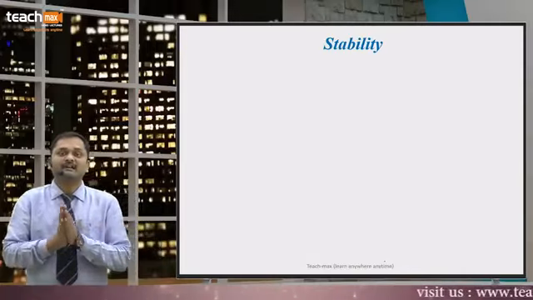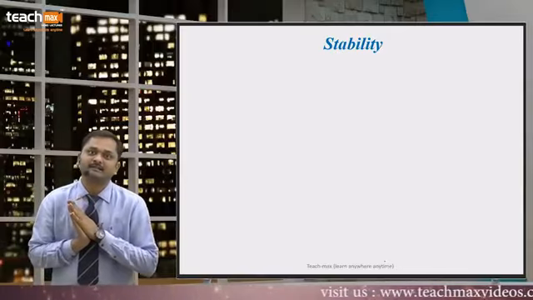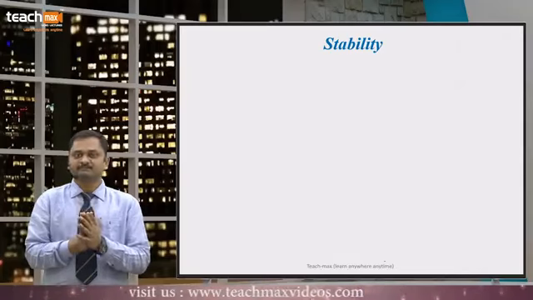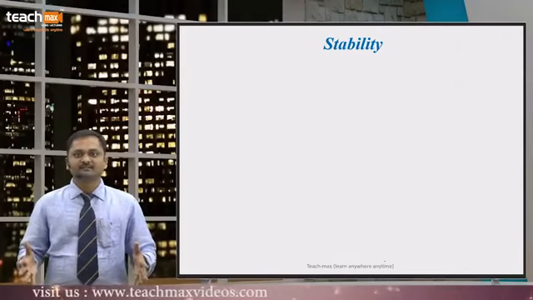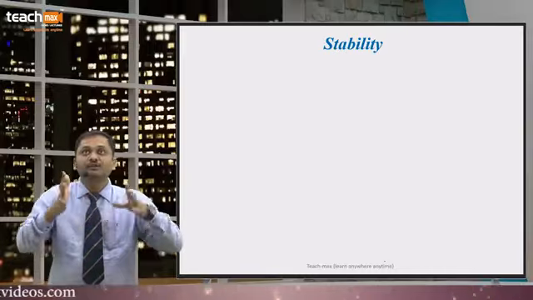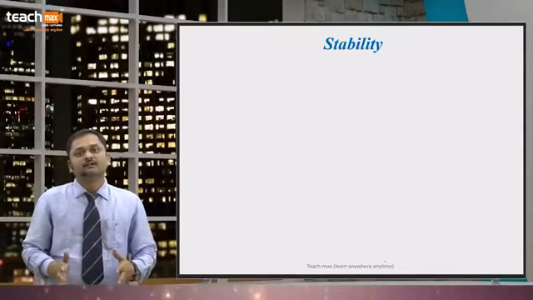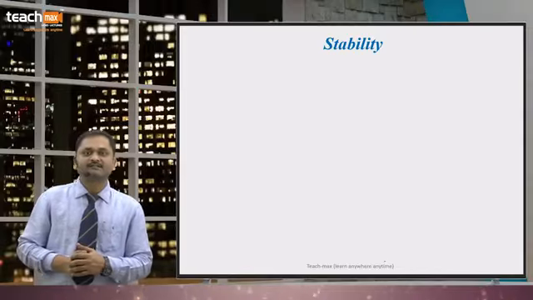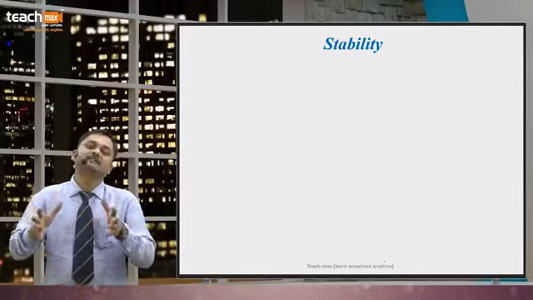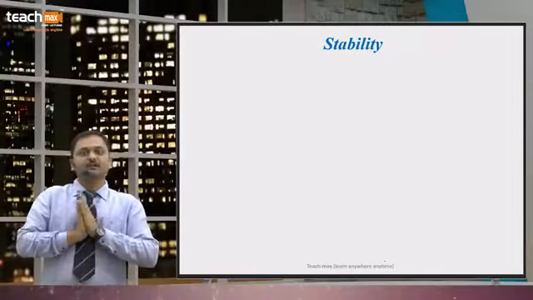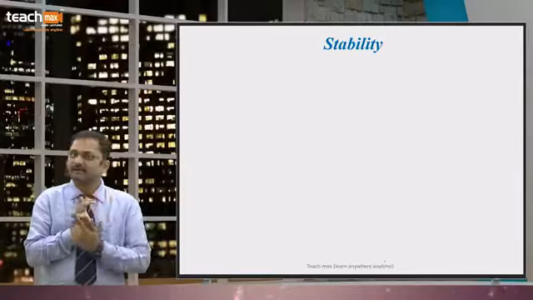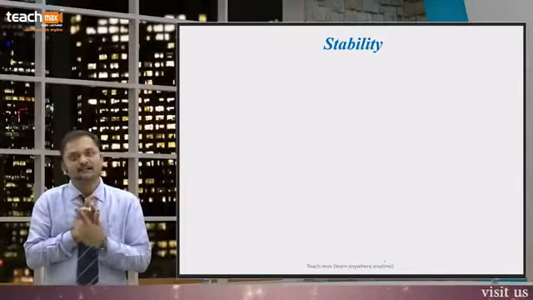Also we can classify the structure based on stability. What is meant by stability of the structure? Stability means the structure remains in position. It is the ability of a structure to remain in position when external forces are applied on it. That ability is nothing but the stability of the structure. We can classify this into 3 categories: stable, neutral, unstable.